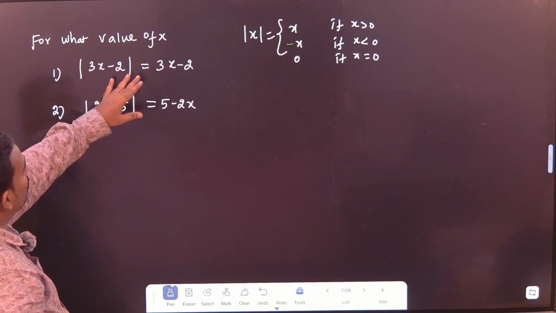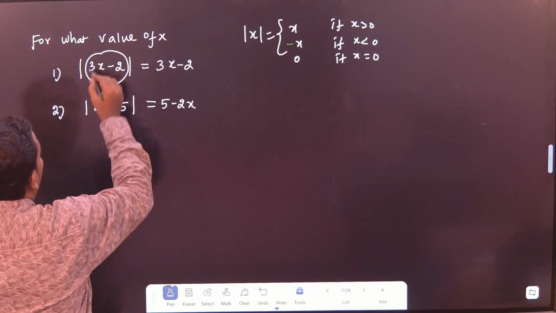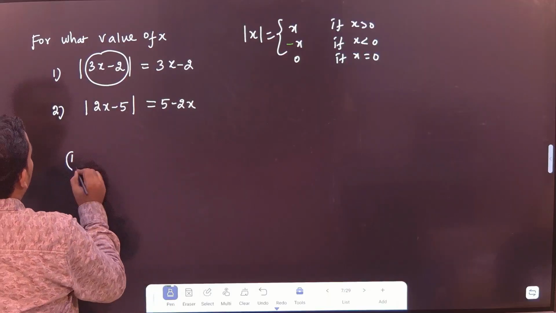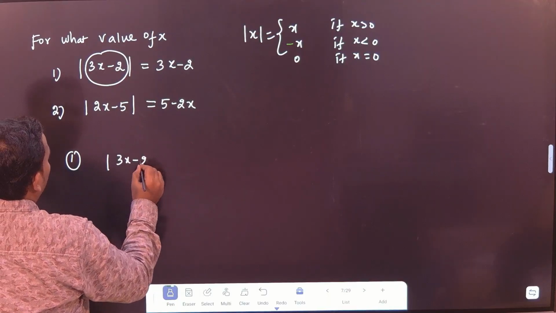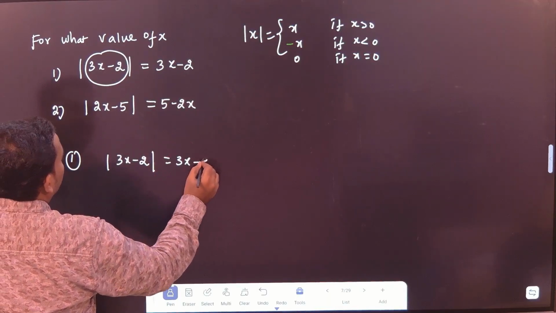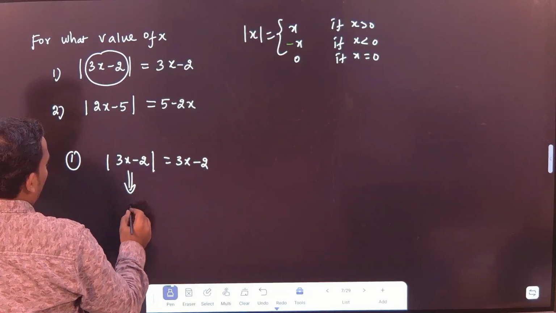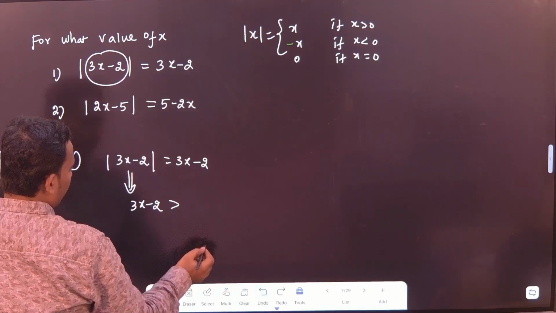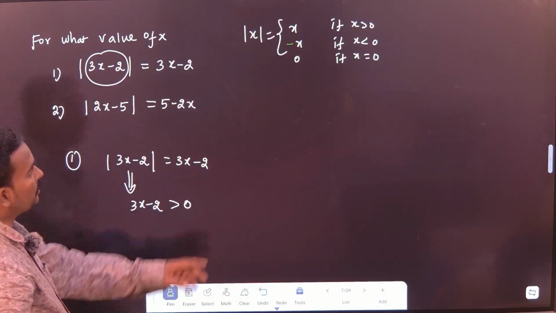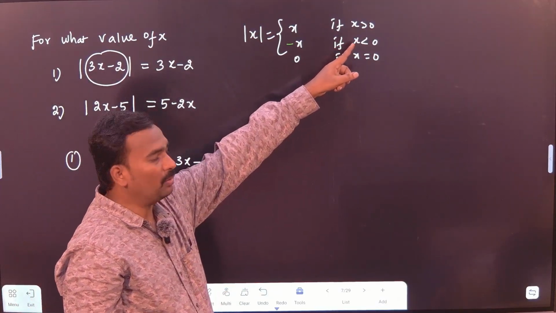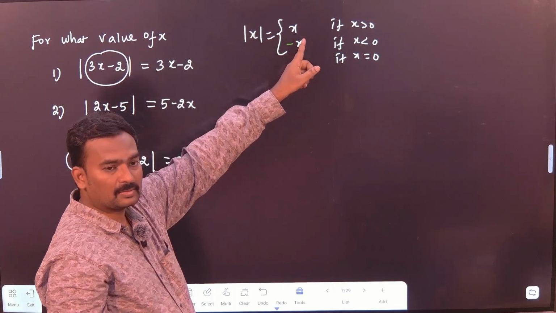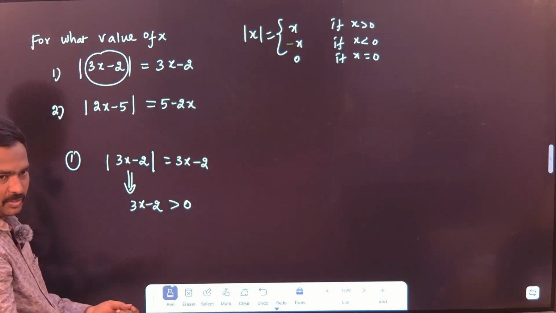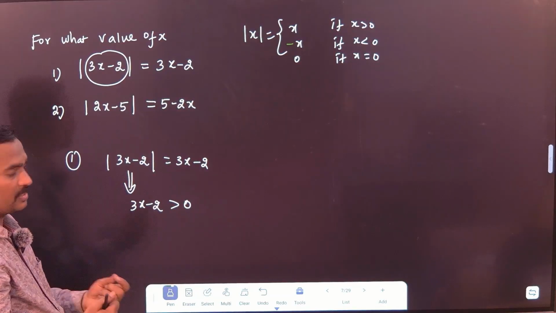So when is it possible? When 3x minus 2 is greater than 0, you can solve directly. So the first one, mod 3x minus 2 is equal to 3x minus 2 when 3x minus 2 is greater than 0.